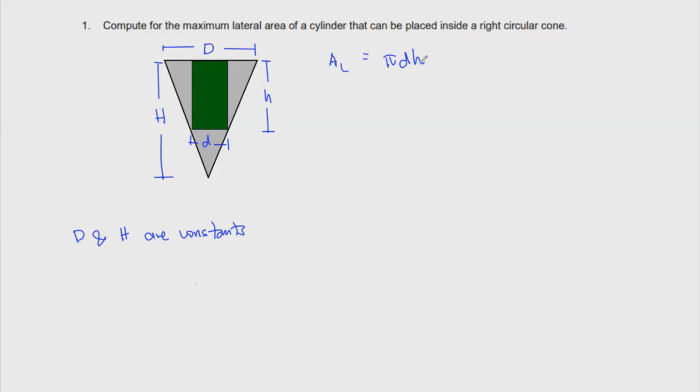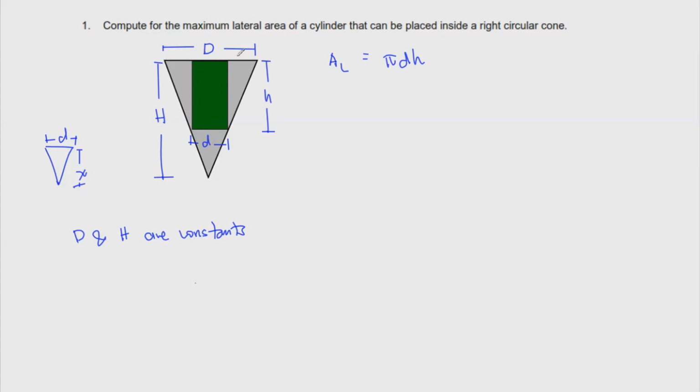Now, to be able to relate the small d and h to the capital D and H, that is, the cylinder and the cone, let us find the relationship between the triangles that are involved in this section. If you look at the small triangle right here, this triangle is basically the diameter of this cylinder at some distance, and then there's this large triangle in the front of the cone.